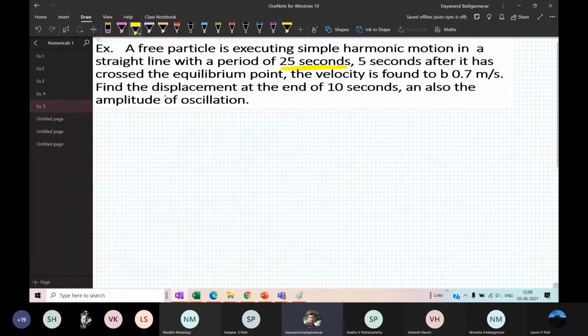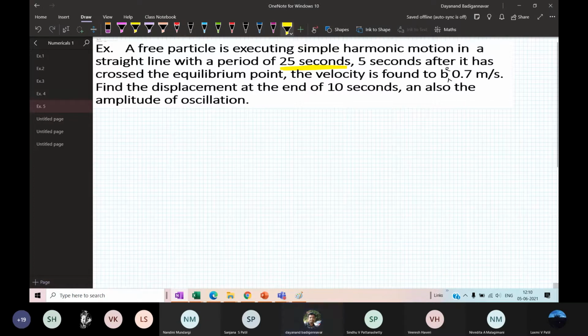Find the displacement at the end of 10 seconds.